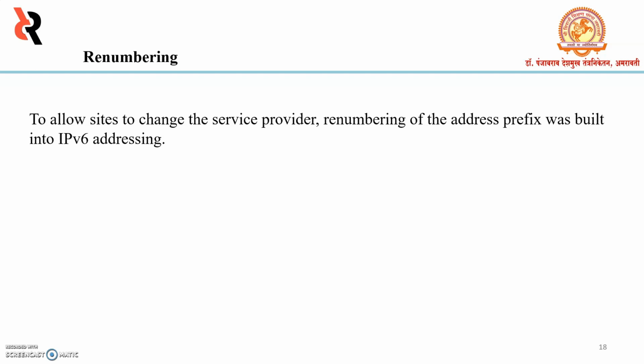If the site changes the provider, the address prefix needs to be changed. A router to which the site is connected can advertise a new prefix and let the site use the old prefix for a short time before disabling it. We can say that during the transition period, a site has two prefixes.